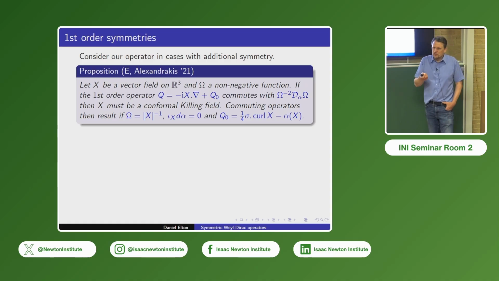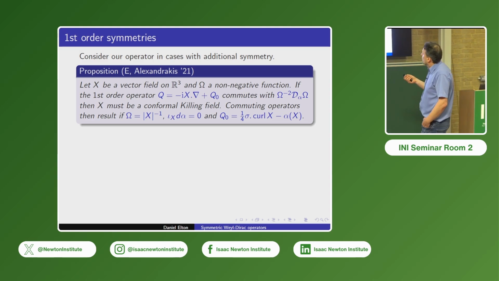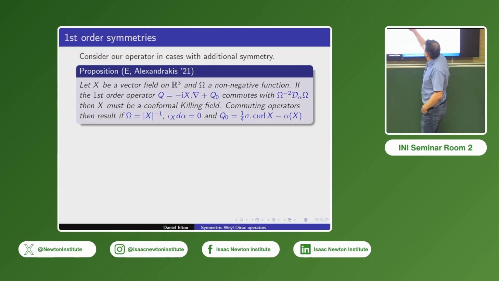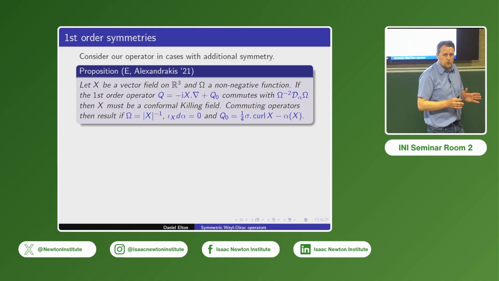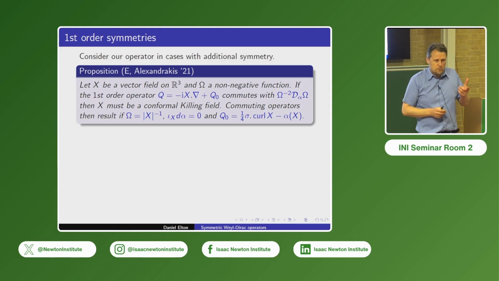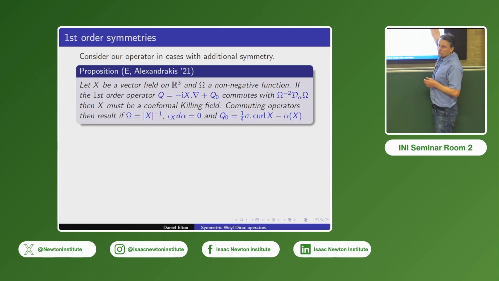So you can think of things like scalar first order operators, gradients in a particular direction. Okay, so I'm looking at an operator Q here. It's just the gradient in the direction of some vector field X, possibly with some zero order correction terms, the Q naught there is zero order. When does that commute, not just with the Dirac operator, but potentially some conformal version of the Dirac operator?